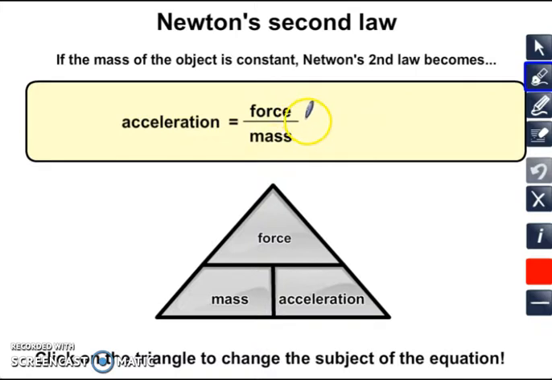So from the previous two animations, you can see if I have a larger resultant force, the first one, it shows me it will result in a larger acceleration. What about masses? A larger mass, since it's in the denominator, will result in smaller acceleration.